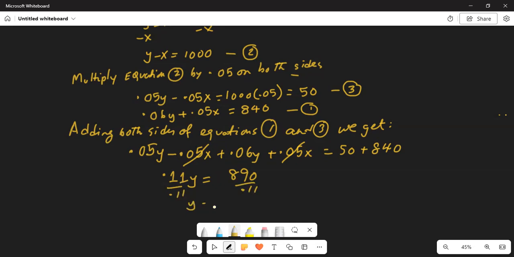And I will get Y is equal to, I will use my calculator, 890 divided by 0.11, which is 8090.91. Okay, now I will substitute the value in equation 2.